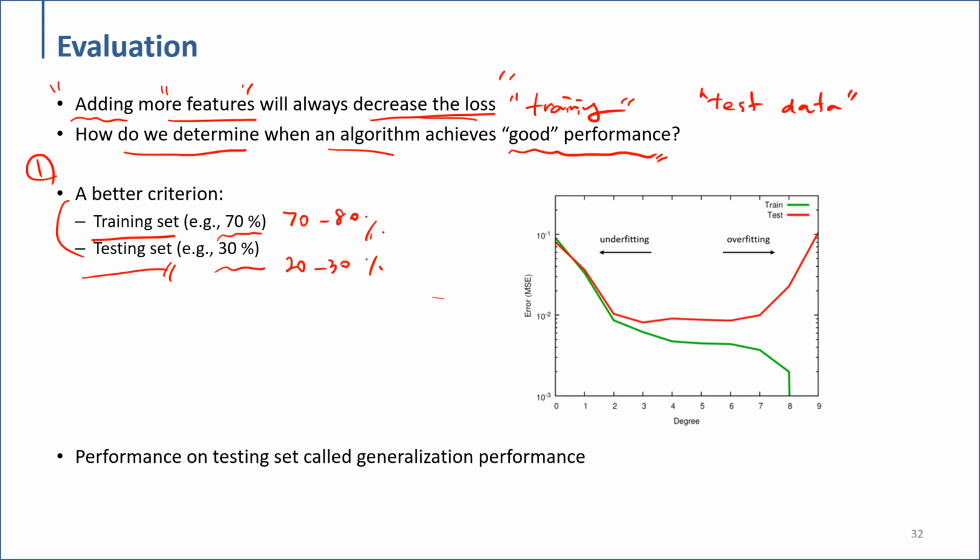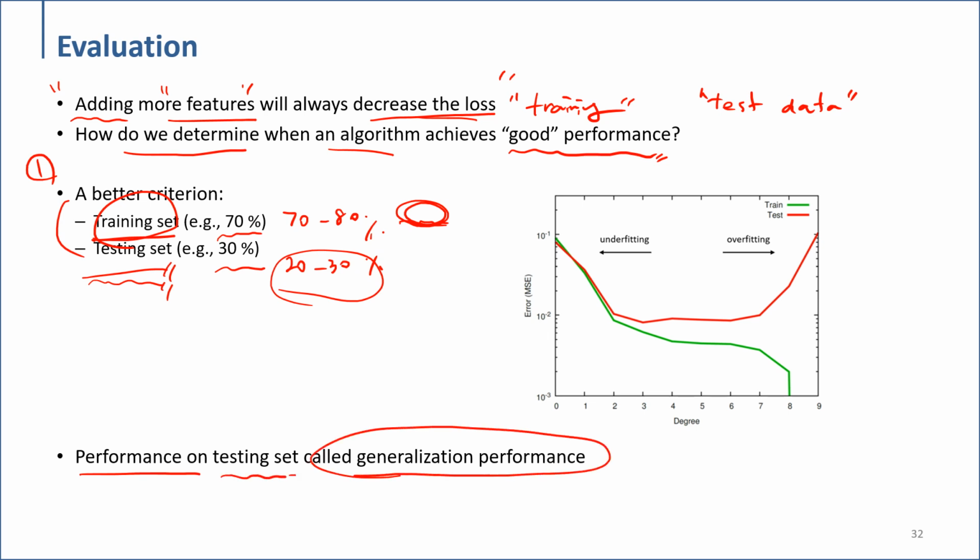After training the model using the training data set, you test your model with the test data set, which is unseen data for this model. Performance on the test set is called generalization performance. So you should always check this generalization performance using the test data set.